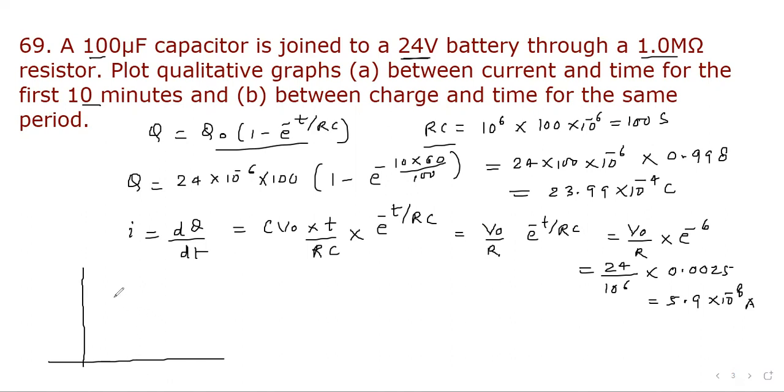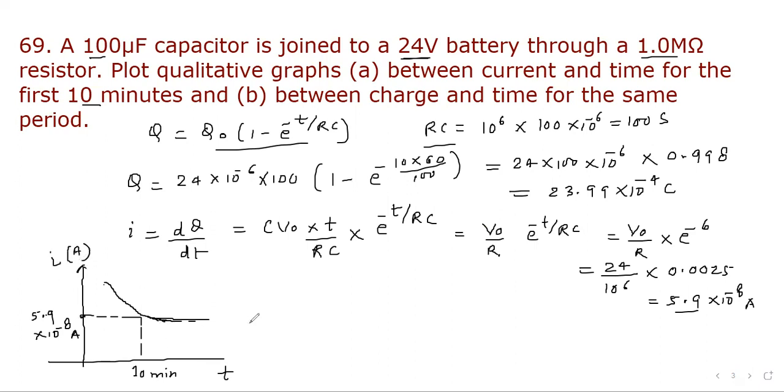So the graph will be like this, and this value will correspond to 10 minutes. It will come a little lower down. And this point corresponds to 5.9 into 10 to the power minus 8 ampere. This is the time axis. This is the current axis.